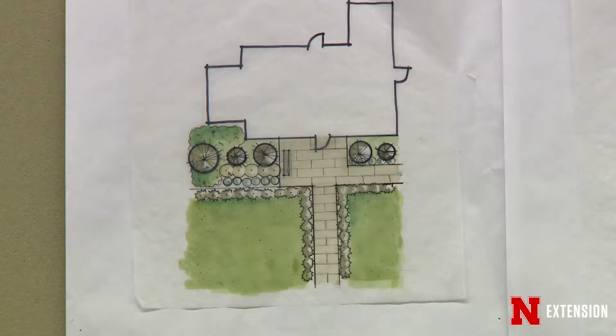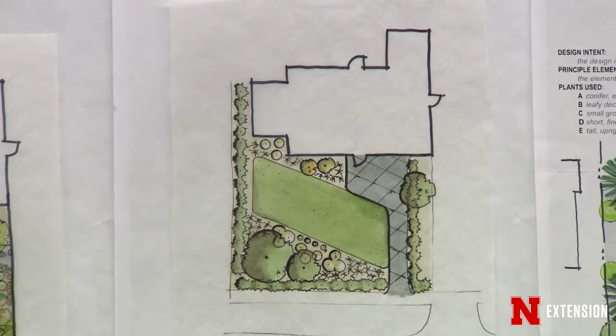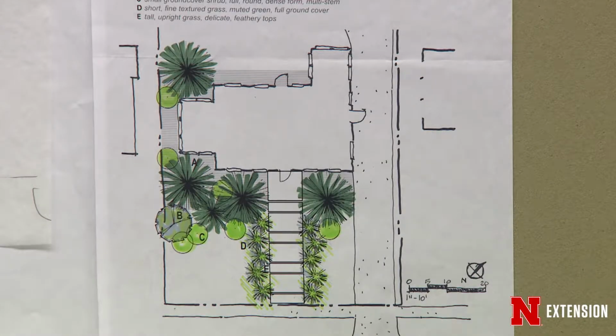So we can come from the drive straight into a big patio. We can come in a curvilinear fashion with what is probably some stepping stones or a different kind of material. We can come very close to the driveway with a patio, or we can come kind of straight in a more traditional way.